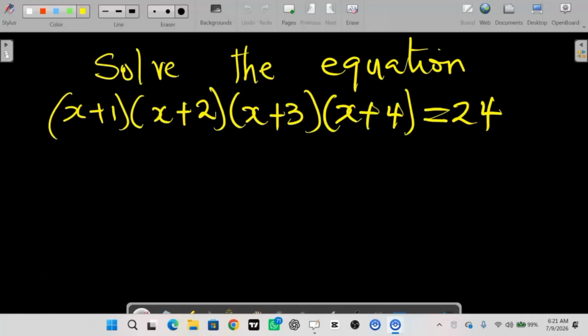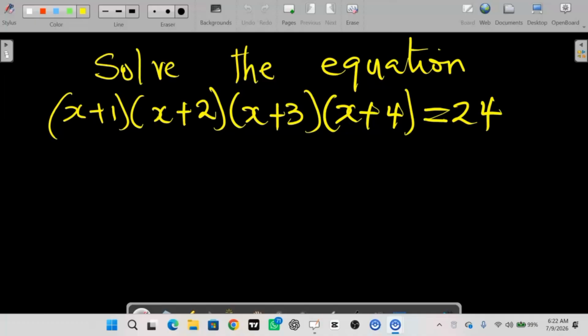If you see this kind of question, never multiply the factors out. See an equation like (x+1)(x+2)(x+3)(x+4) = 24 on a test or an examination.